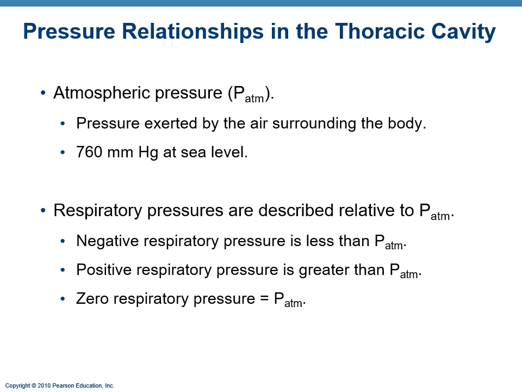Now, if we were to go to, say, Denver, Colorado, the mile-high city, this would be lower. Respiratory pressures are described relative to outside atmospheric pressure. Negative respiratory pressure is less than P ATM. Positive respiratory pressure is greater than atmospheric pressure, and 0 respiratory pressure is equal to atmospheric pressure.